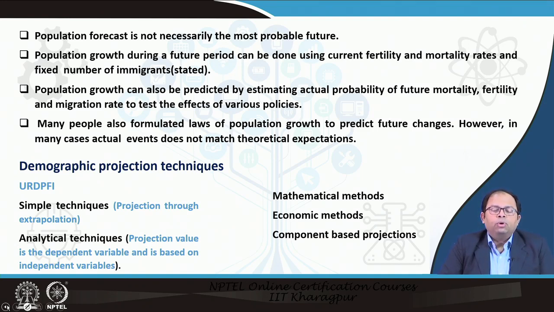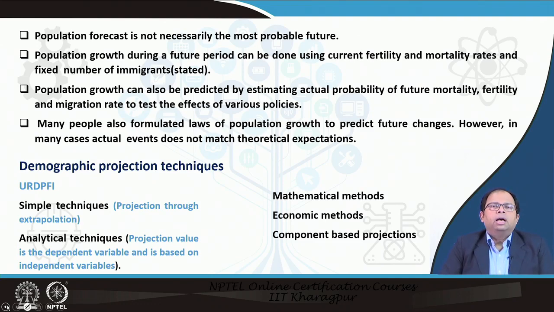So, that would be a better estimate, but it is again very difficult. Many people also formulate laws of population growth to predict future changes. That means they find relationships, for example, that mortality is related with age. The more the age increases, the higher the chance of mortality.